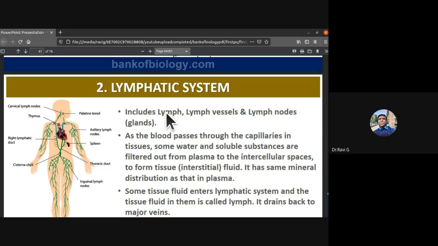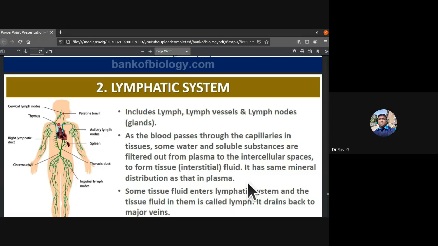The lymphatic system consists of lymph, lymph vessels, and lymph nodes or glands. As the blood passes through the capillaries in tissues, some water and soluble substances are filtered out from the plasma to the intercellular spaces, and they form this interstitial fluid.